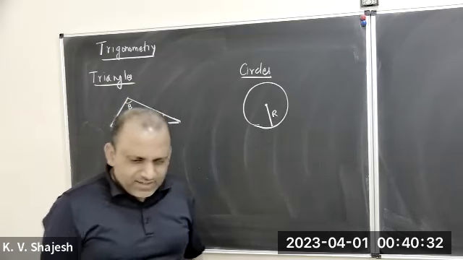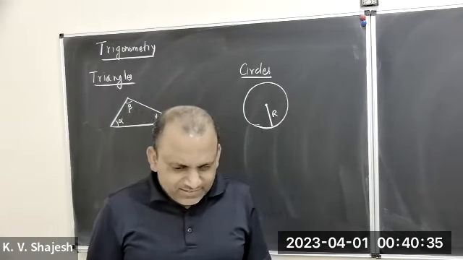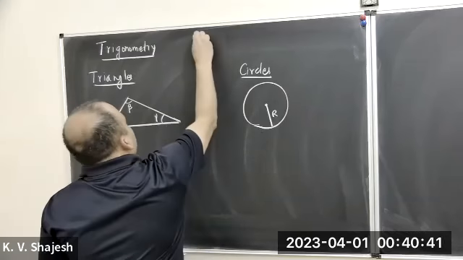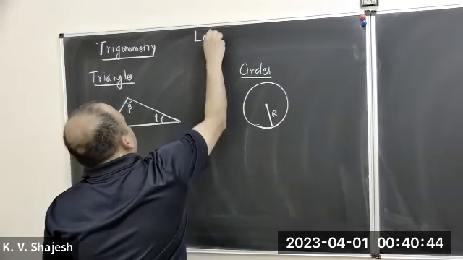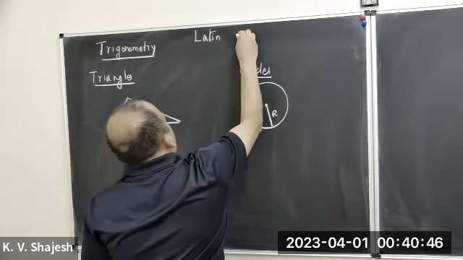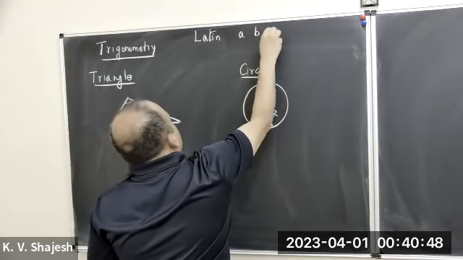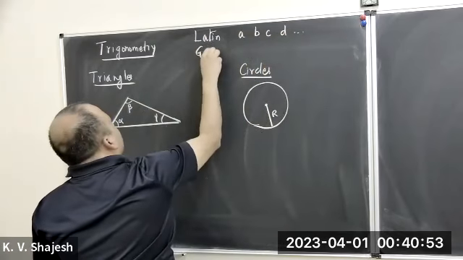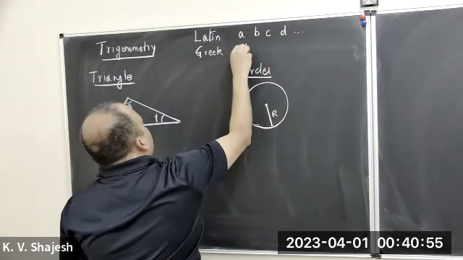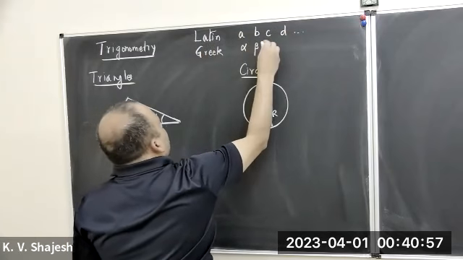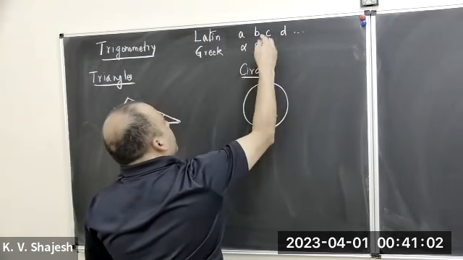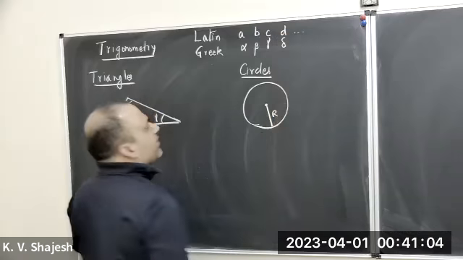Are you familiar with Greek letters? We have heard of them, but not that much. They're just symbols, like Latin letters. This is a good thing to know. Latin letters are A, B, C, D, and so on, and Greek letters are alpha, beta, gamma, delta, and so on.